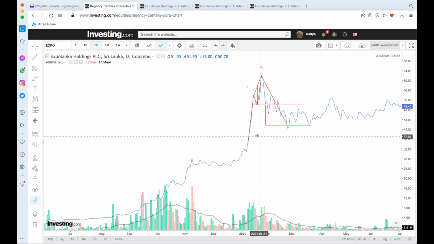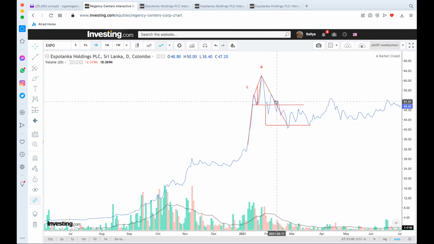With open-mindedness. Because if you were a person who would use this pattern in order to sell, so that you will be able to buy back, right? You would have sold at this level, or you would have waited until a throwback happens and then you would have sold here, right?